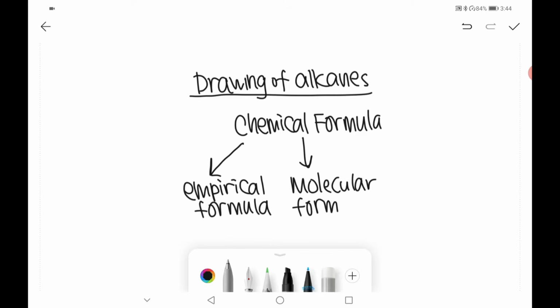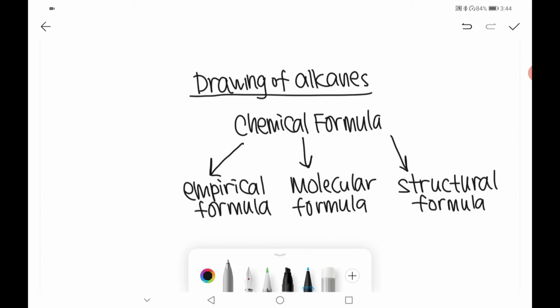And today we will learn a new formula, called structural formula. So what is empirical formula, what is molecular formula, and what is structural formula?